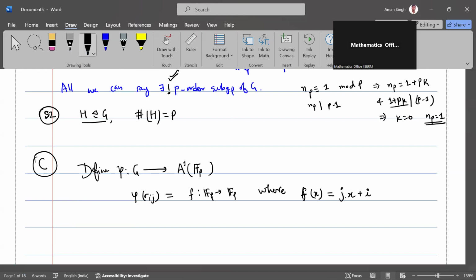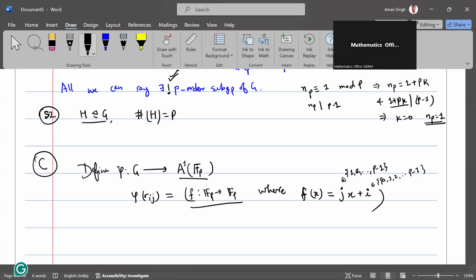Note that j belongs to the set 1 to P minus 1, and i belongs to 0 to p minus 1. So this is actually a map, an element in A1 FP.